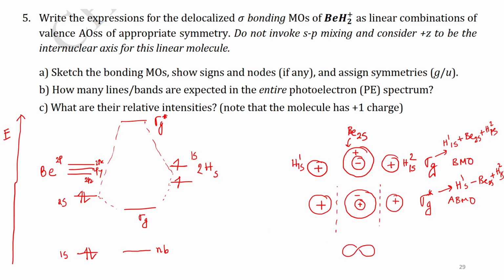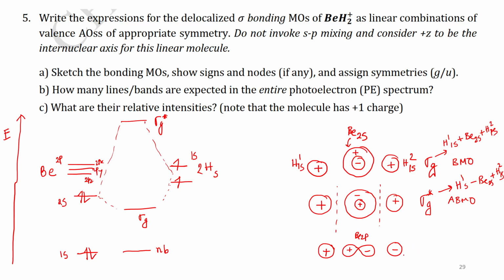2p beryllium looks like plus minus. So one of the cases will be plus and minus from hydrogen.